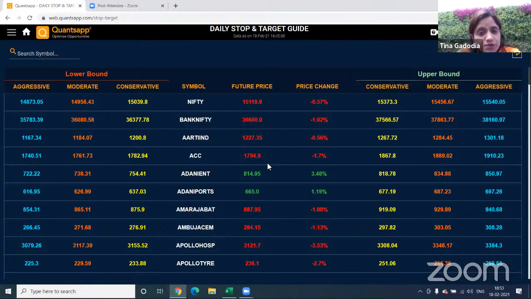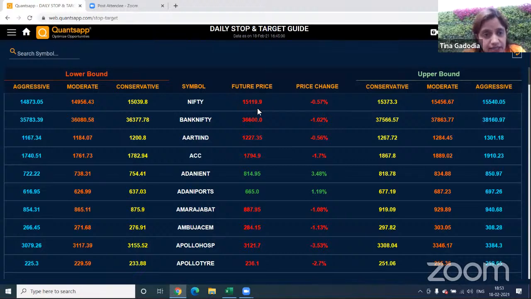So based on the option volatility, based on the option data, these are the levels which have come up. So it tells you what is the conservative upper level, moderate level, and aggressive level. Similarly, the conservative lower level, moderate level, and the aggressive level. So this data tells you which is the key pivot, support, and the resistance.